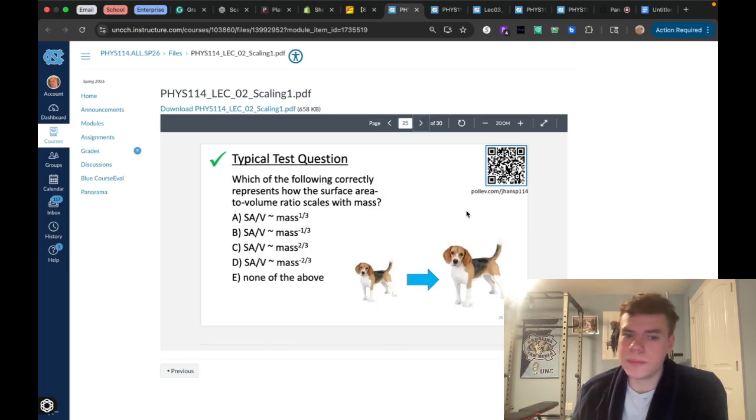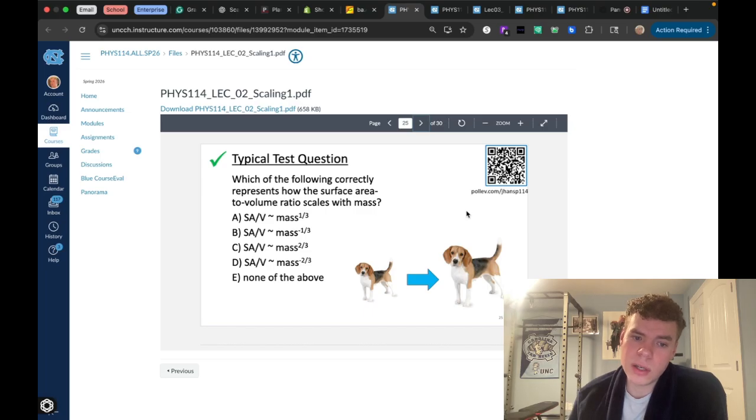Typical test question. Which of the following correctly represents how the surface area to volume ratio scales with mass? So we already said that mass is equal to something cubed. So surface area to volume is equal to size to the -1.